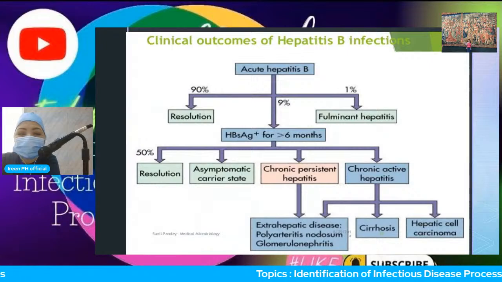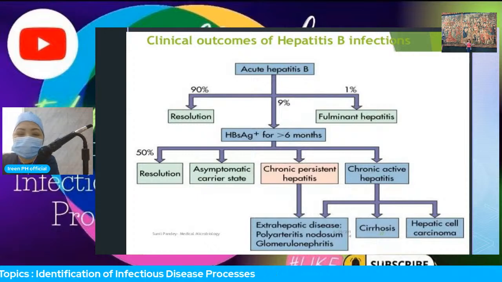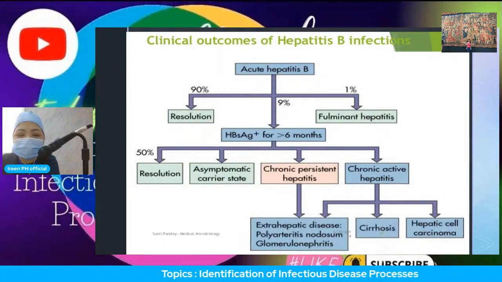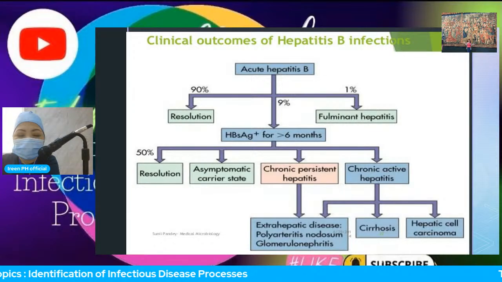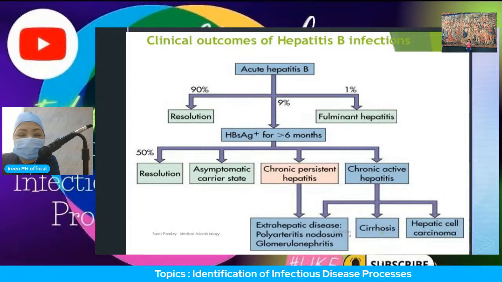The clinical outcomes of hep B infections, acute hepatitis B: 90%, 9%, 1%. 1% fulminant hepatitis. 9% HBsAg positive for 0 to 6 months, and then 90% resolution.